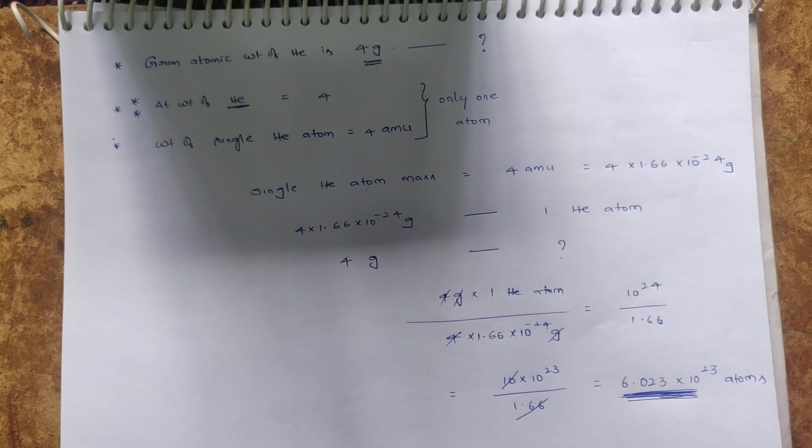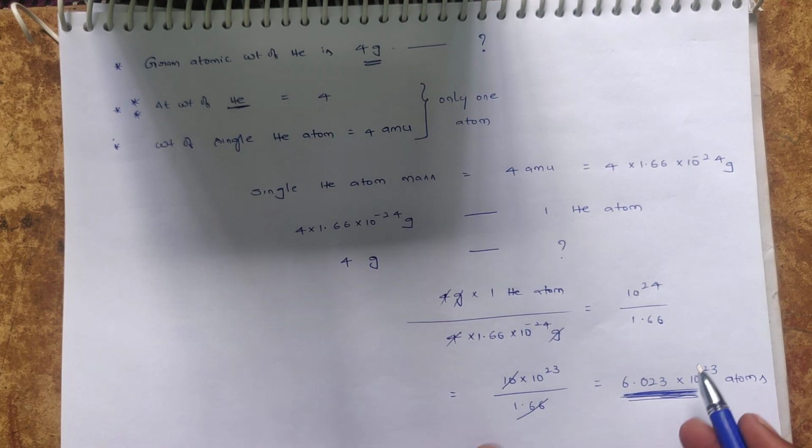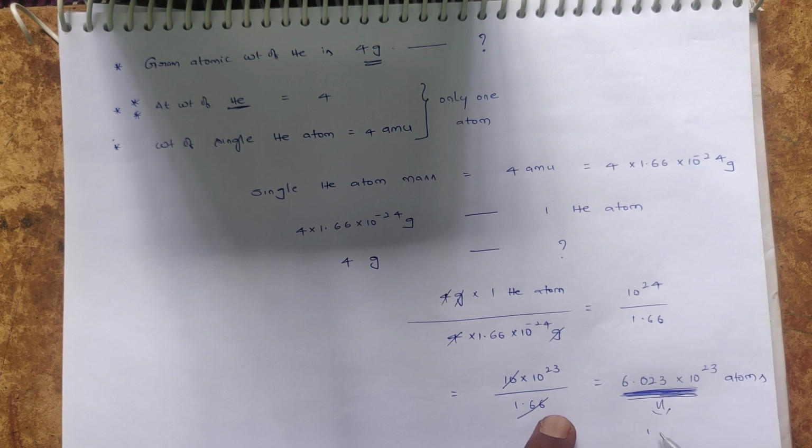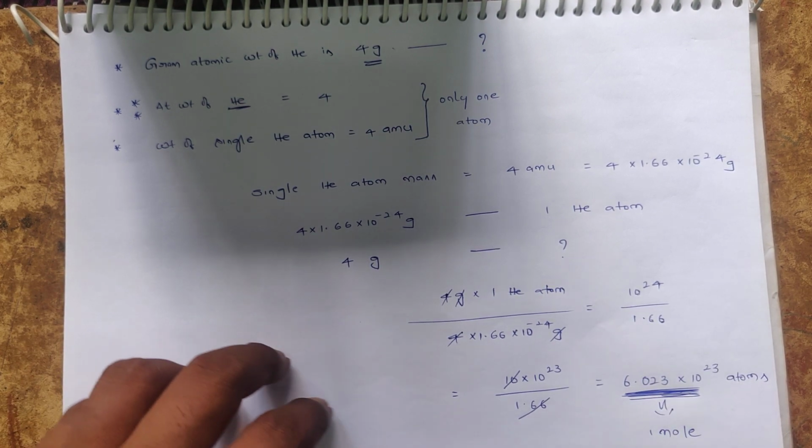Atomic weight represents the weight of a single atom. Gram atomic weight represents the weight of 1 mole of atoms. Here, this much number is named as 1 mole. Now come to the note.